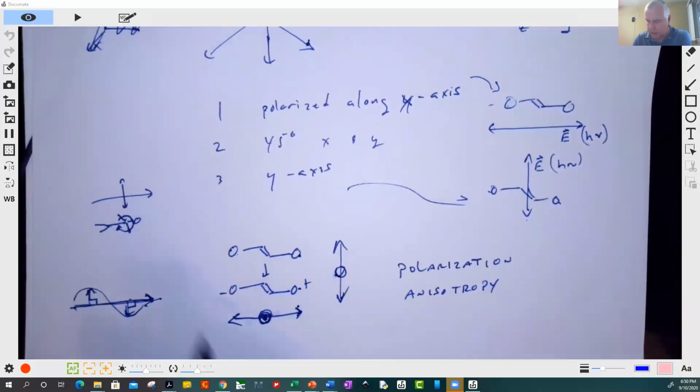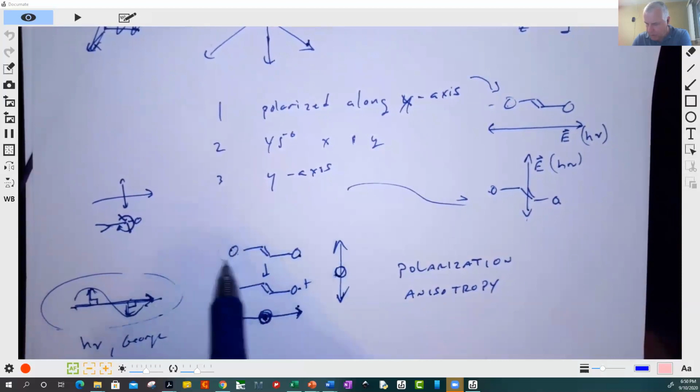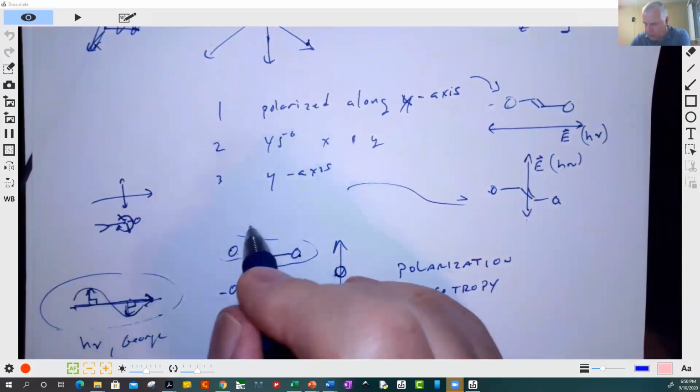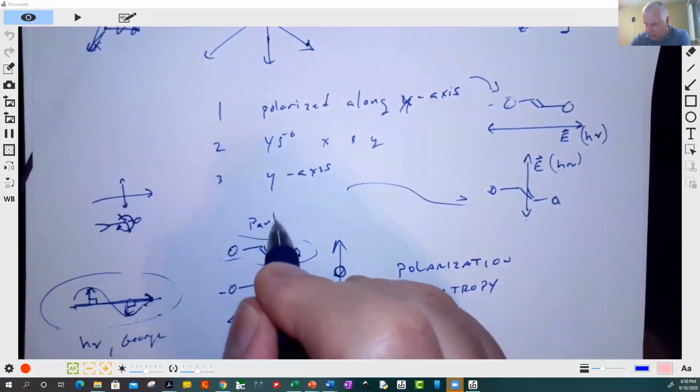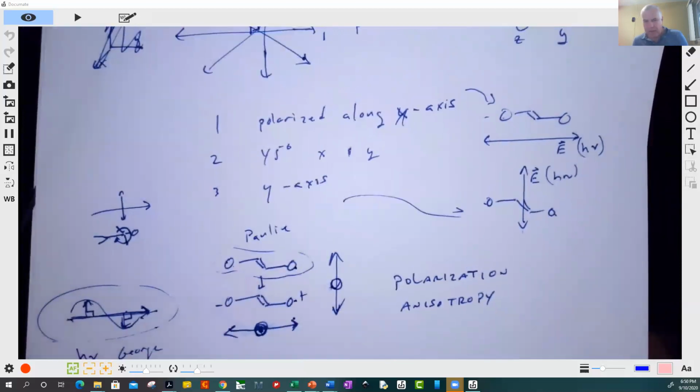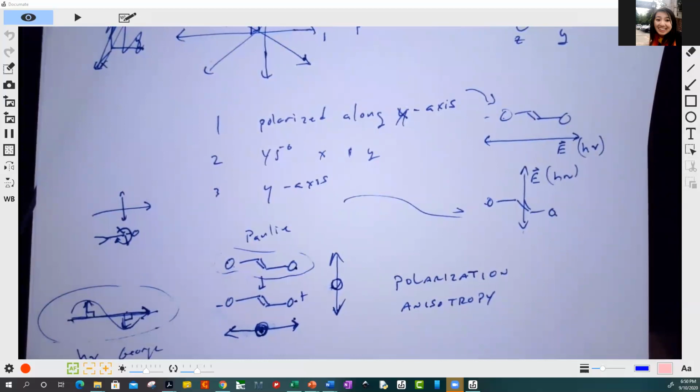The question is, can this photon here, whose name is George, be eaten by this molecule here, whose name is Pauline? It's just a random name.